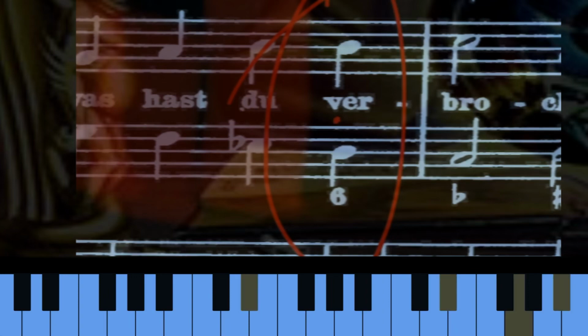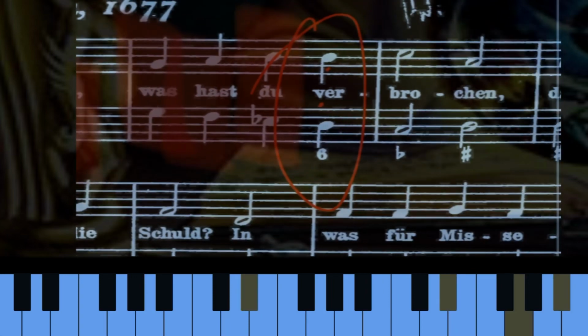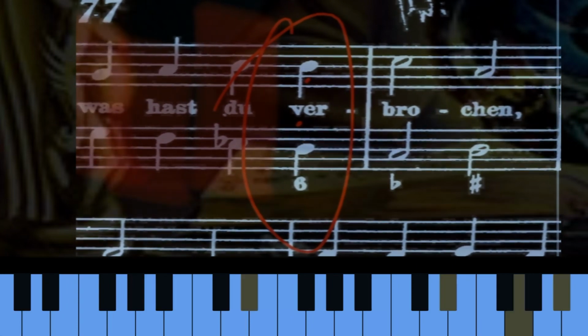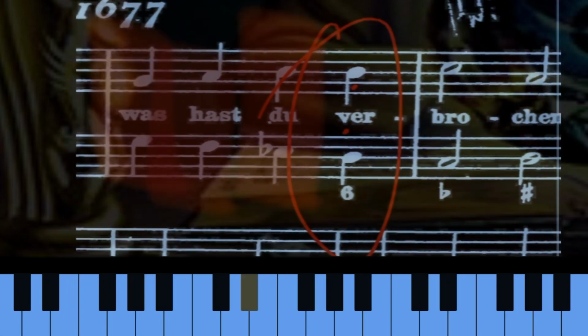We had an E flat, and then the best voice leading is with an open chord, because you want to avoid these parallel octaves. You don't want to do that.